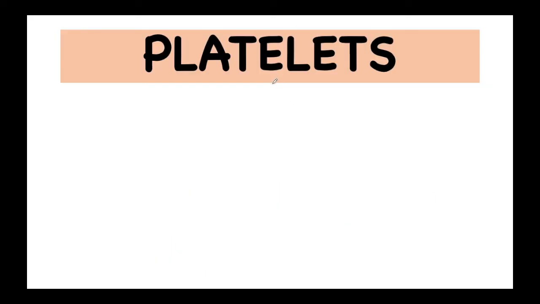Next is platelets. Platelets are involved in blood clotting. If you get injured, this is the type of blood cell, platelets, which helps in blood clotting. There are some minerals necessary to carry out the process of blood clotting.